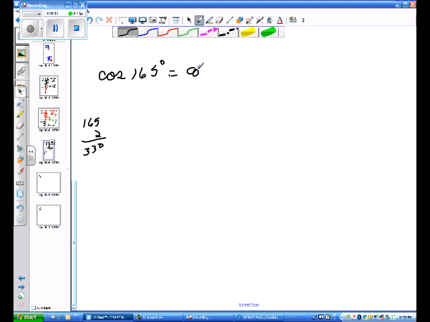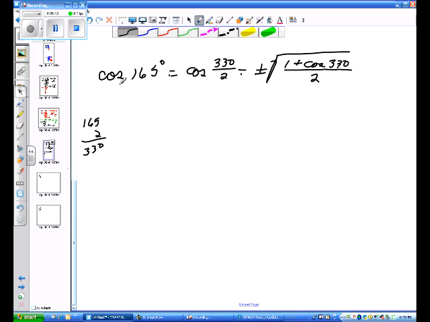So this is going to be the same as the cosine of 330 over 2, which is equal to plus or minus the square root of 1 plus the cosine of 330 over 2. Now I like this problem because out here we use the 165 to let us know if we use the plus or minus.